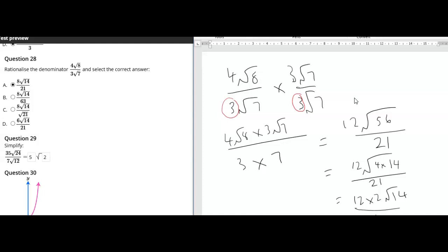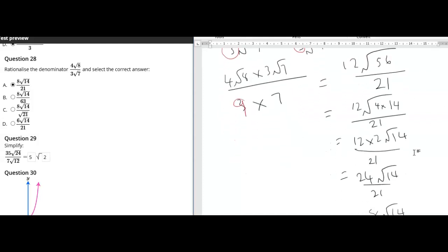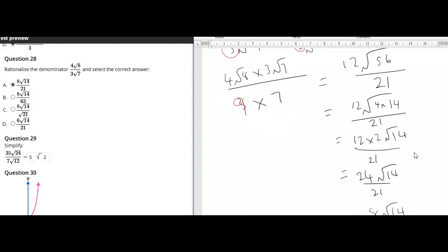So 3 times 3, so this should be a 9. And 9 times 7 makes our denominator 63.